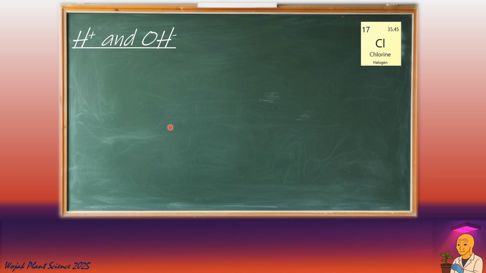So I would like to talk about the basic principles of base and acid. But we start with acid. So remember chlorine from the last video. When we have HCl, so we have hydrogen and chlorine, when this is in water, hydrogen gives the chlorine its electron because it's attracting the electron.